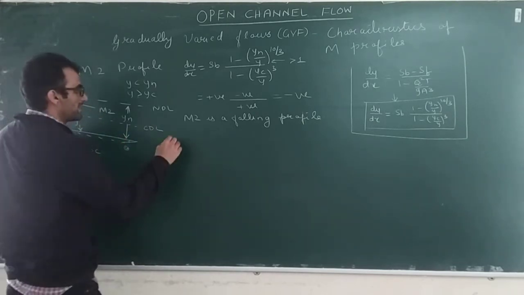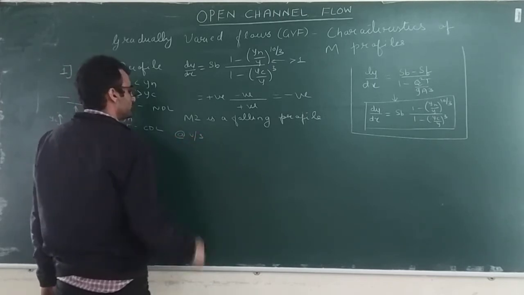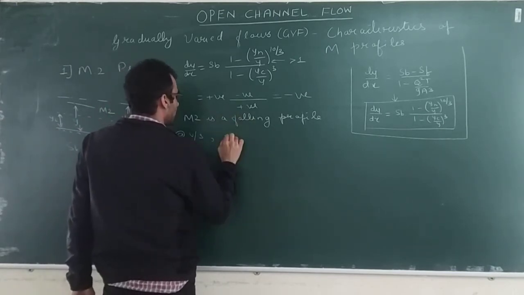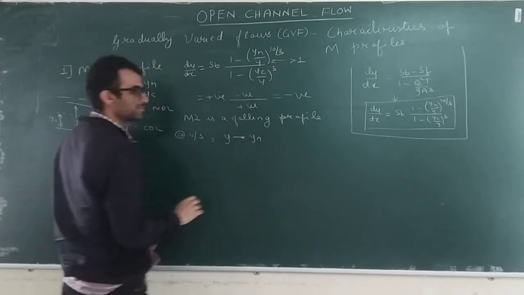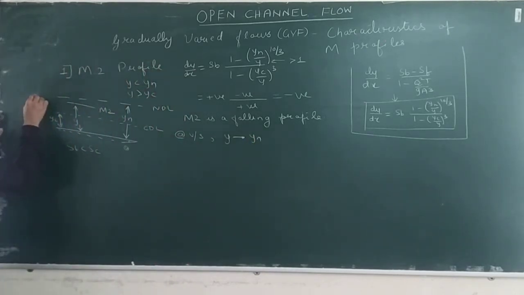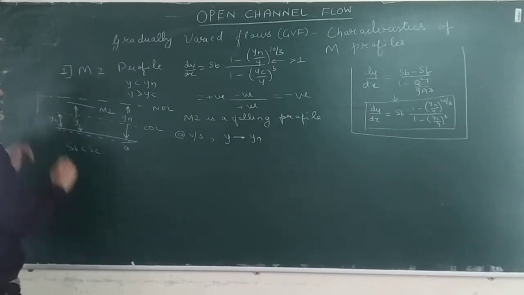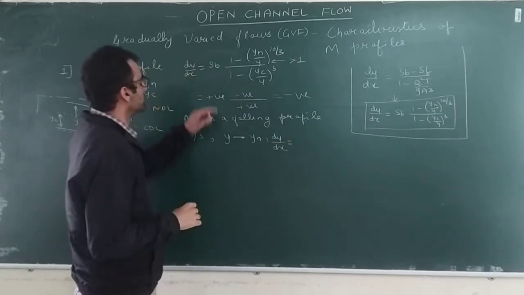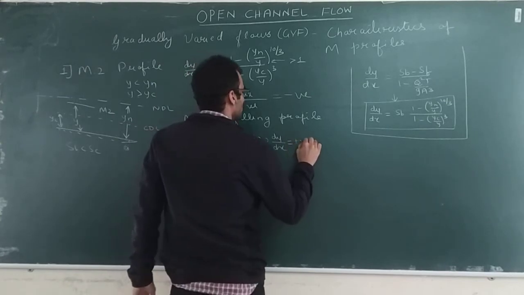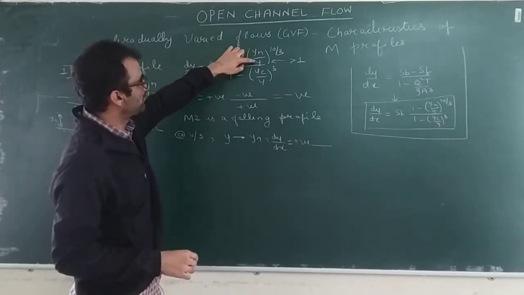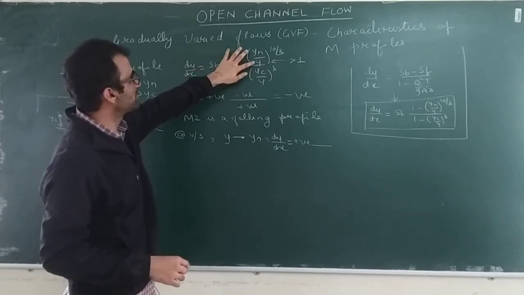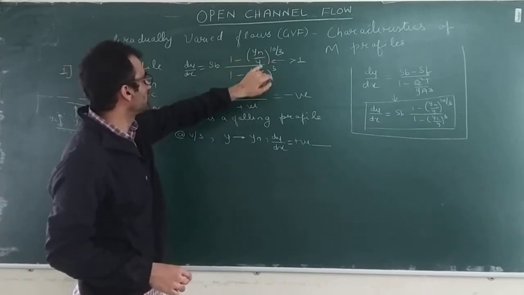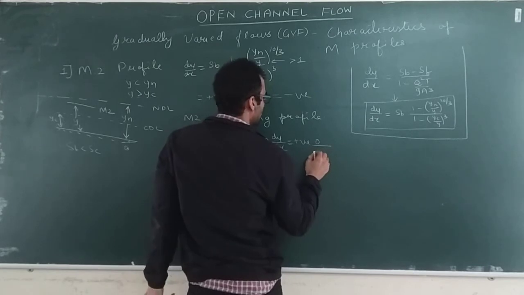Okay. Now what will happen at the upstream? At upstream, again M2 profile, the flow depth tends to normal depth. So dy by dx will be, see, SB is positive. Now flow depth is almost going to be equal to Yn, so this will be 1, so 1 raised to 10 by 3 will be 1, so 1 minus 1 is 0, so entire thing will become 0.